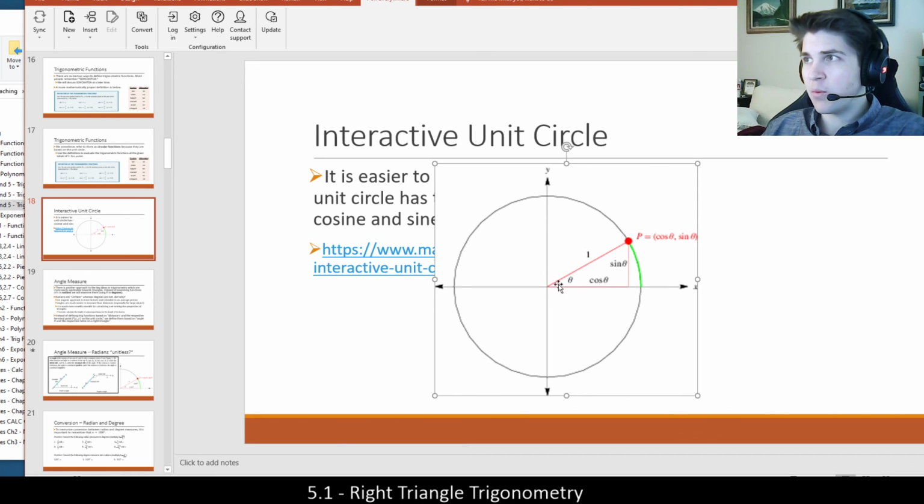But let's say I blew this triangle up by a factor of 3 and made the hypotenuse 3. There's a property of triangles where if they have the same angles, meaning they're the same shape, you're just making it larger, those sides will all be similar to one another. So if I enlarge the hypotenuse by a factor of 3, these other two sides will also be blown up by a factor of 3 as well.